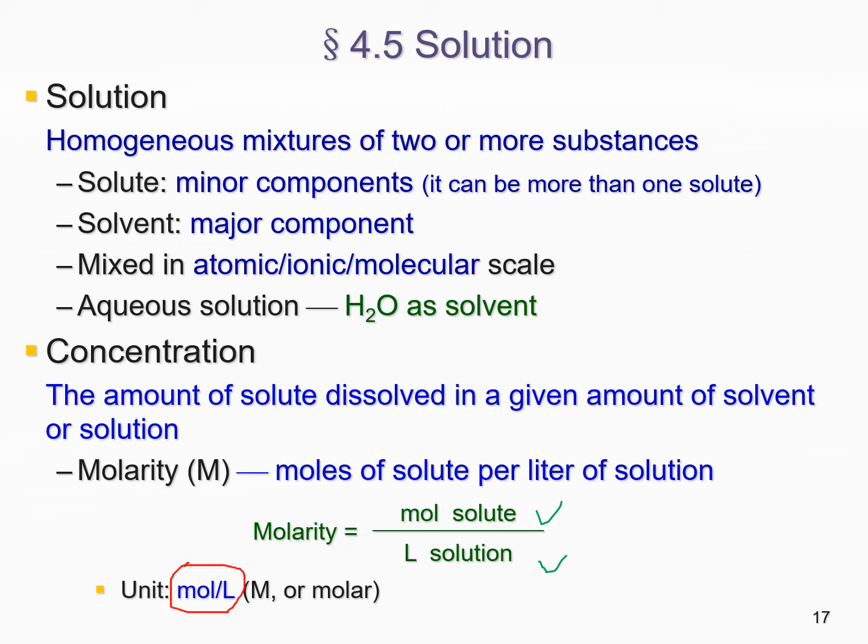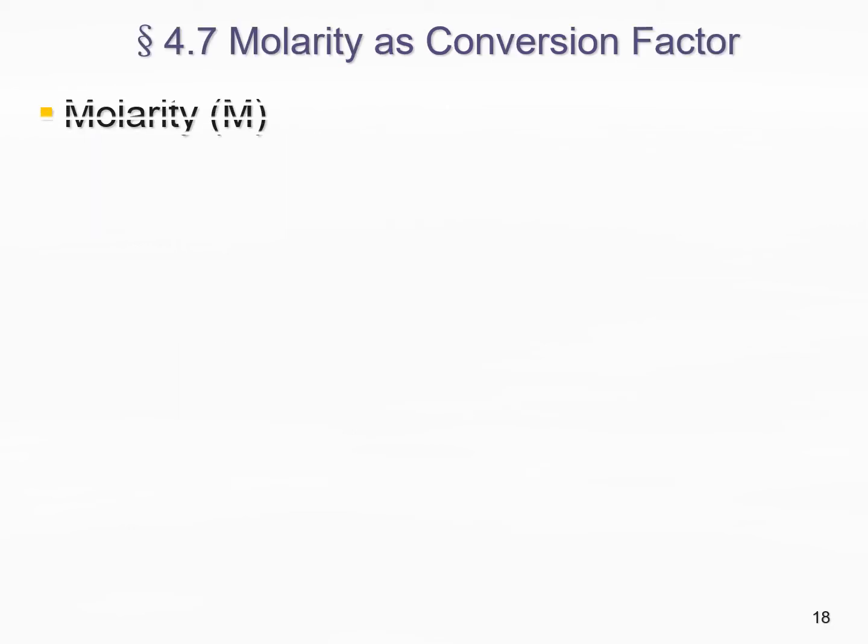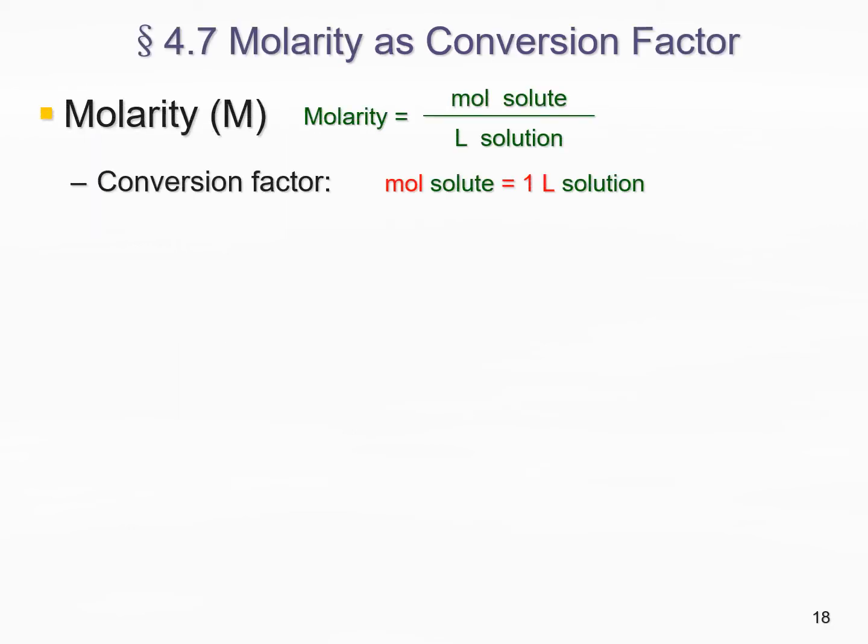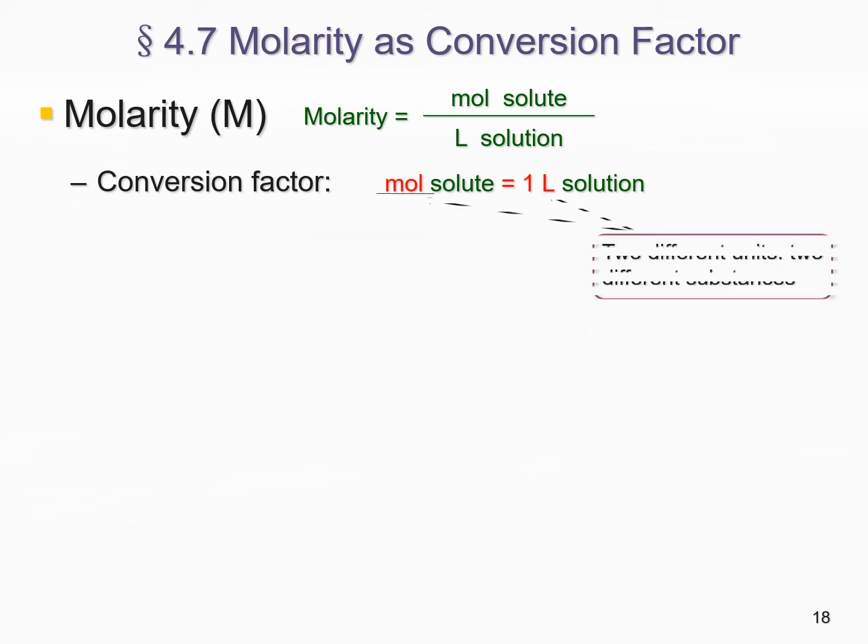But I want you to use moles per liter instead. Why moles per liter? Because it has two different units. What does that mean? Conversion factor. As we realize, molarity can be used as a conversion factor that indicates just how many moles of solute are in 1 liter of solution.